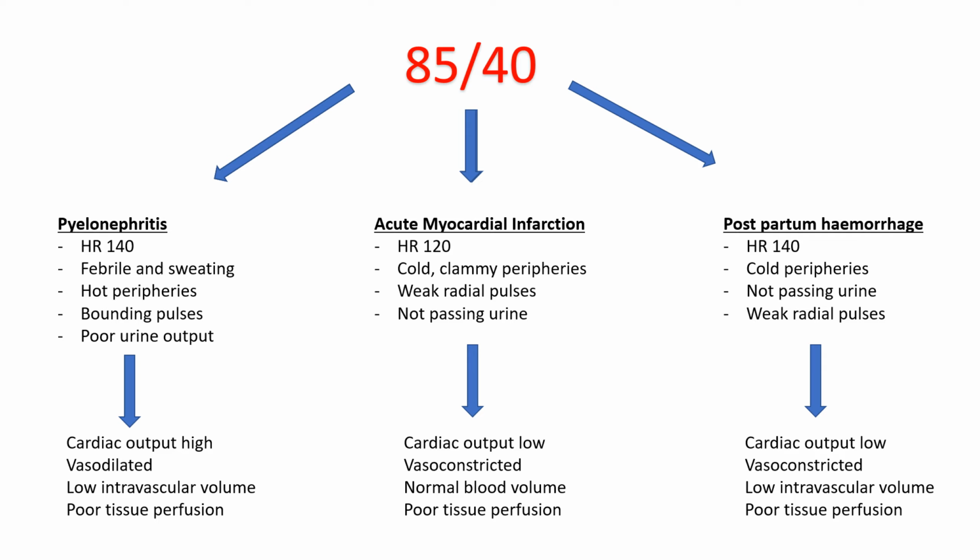She is likely vasoconstricted. We can tell this because her peripheries are cold, and we know that this is the body's response to acute severe hemorrhage to try to maintain systemic blood pressure. She too has evidence of poor tissue perfusion, as evidenced by a poor urine output.